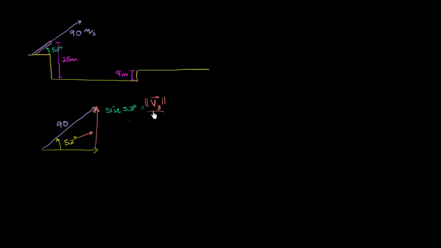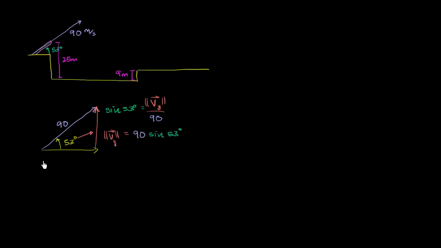I write that subscript y because we're in the y direction, the vertical direction, over the length of the hypotenuse, the magnitude of our original vector. Or if we multiply both sides by 90, the magnitude of that side is going to be equal to 90 times the sine of 53 degrees.